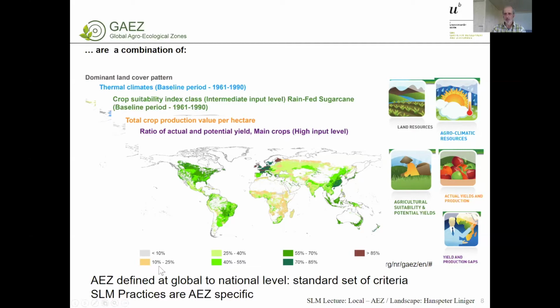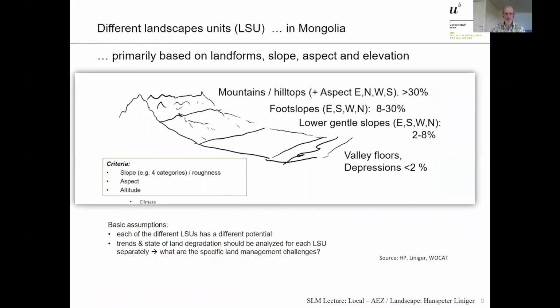They're only producing 10 to 25% of what would be possible in those areas. So these are the 5 combinations that they use for the agroecological zone mapping, also nicely shown here with these pictograms. Good, now let's go to landscape units.